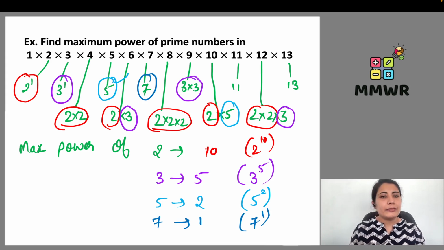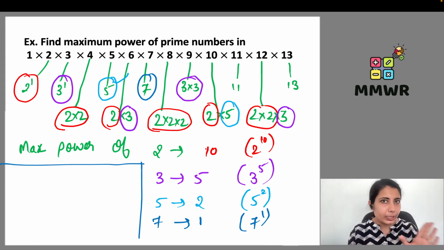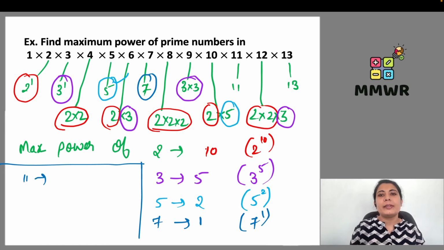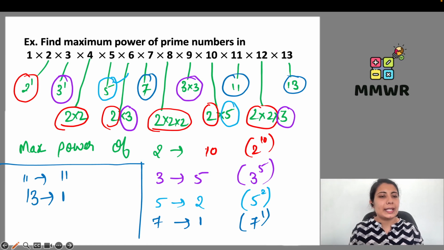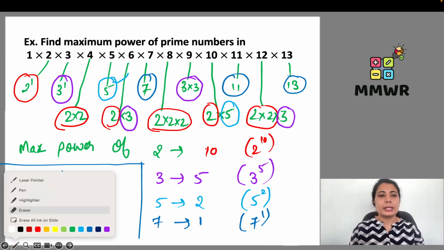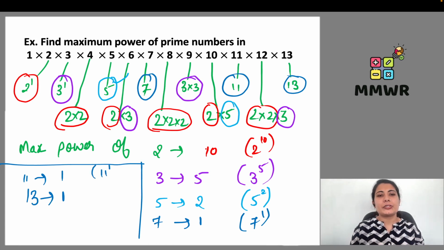Then for the next prime number: 8 is not a prime number, 9, 10 are not prime numbers, 11. 11 has the maximum power 1 only. 12 is a composite number and 13 has the maximum power 1 only. Sorry, 11 has the maximum power 1, because here we are getting 11 to the power 1 and 13 to the power 1.